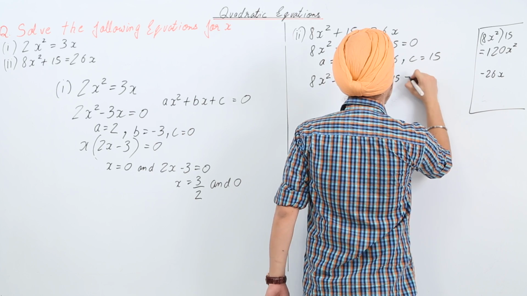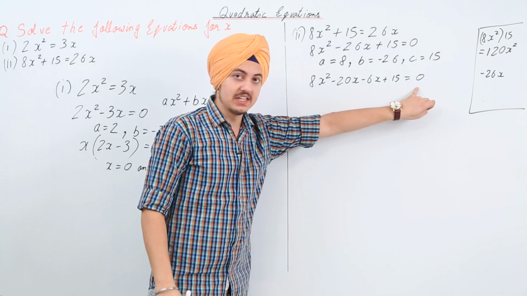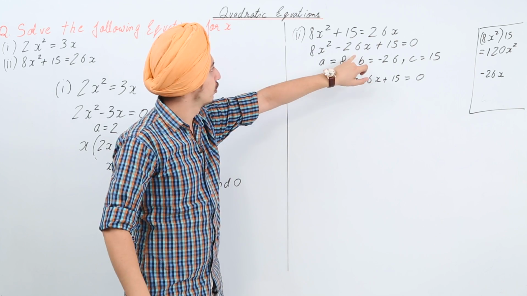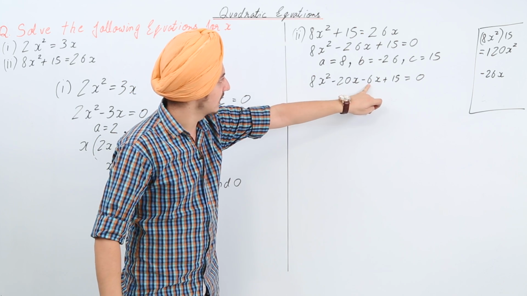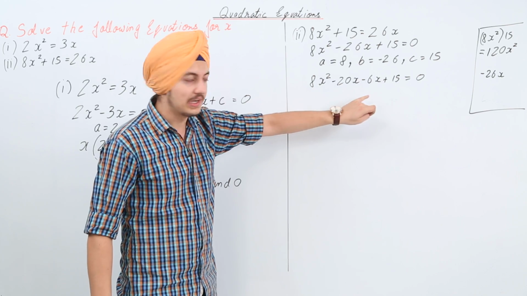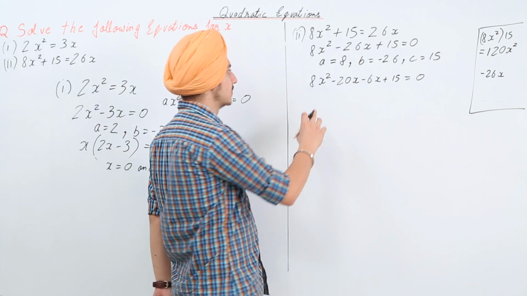So the equation is 8x square minus 20x minus 6x plus 15 equal to 0. Minus 20x minus 6x is equal to minus 26x, we just split that, and minus 20 into minus 6 is 120, and x square, so 120x square.